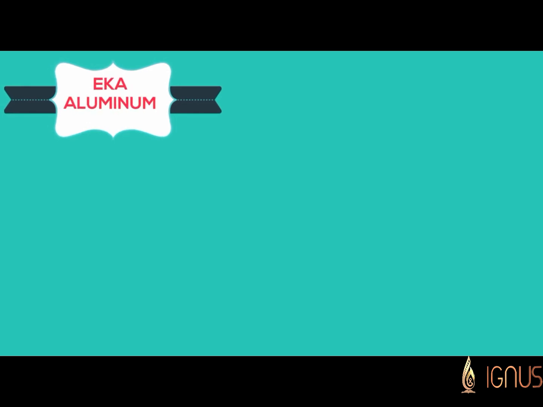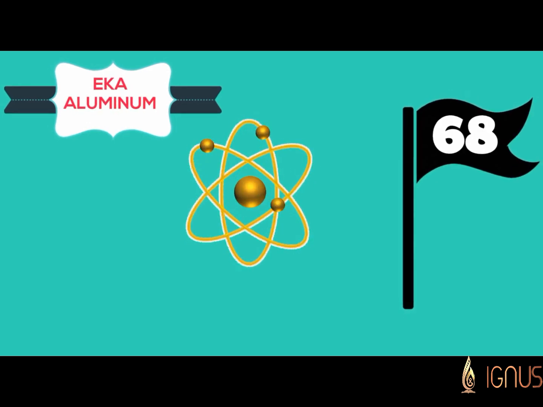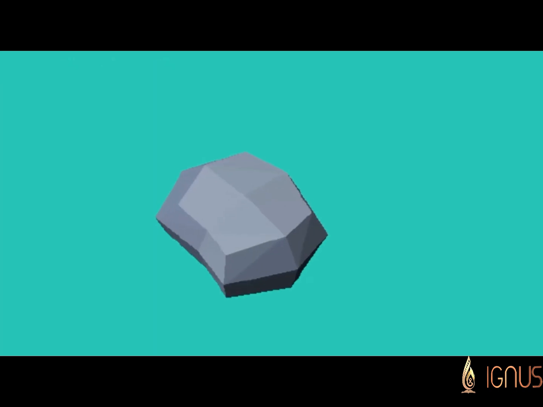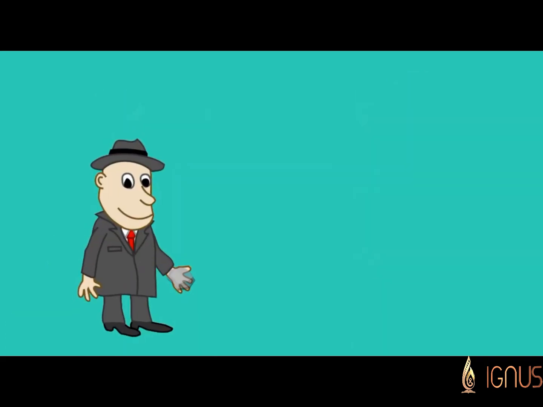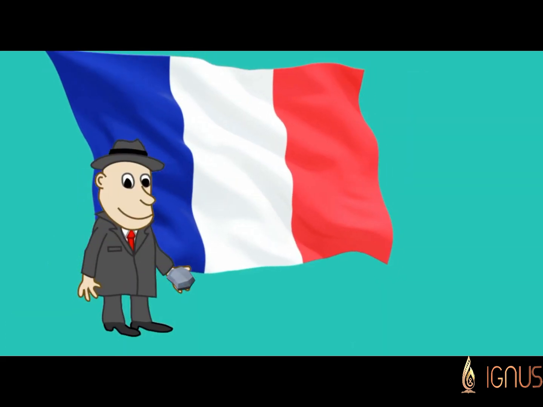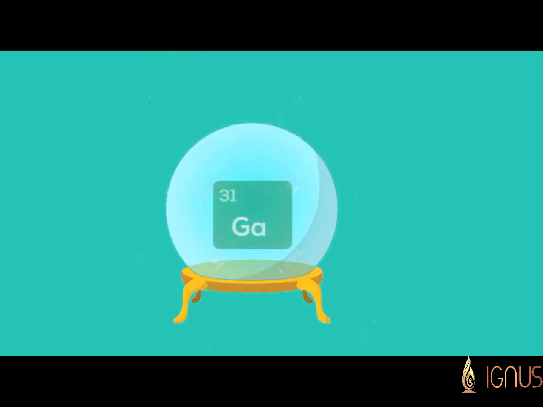He predicted Eka-aluminium should have a mass of 68. It should be a solid metal with a low melting point. When it was finally discovered years later by a French scientist who named it gallium, it had the same properties as predicted.